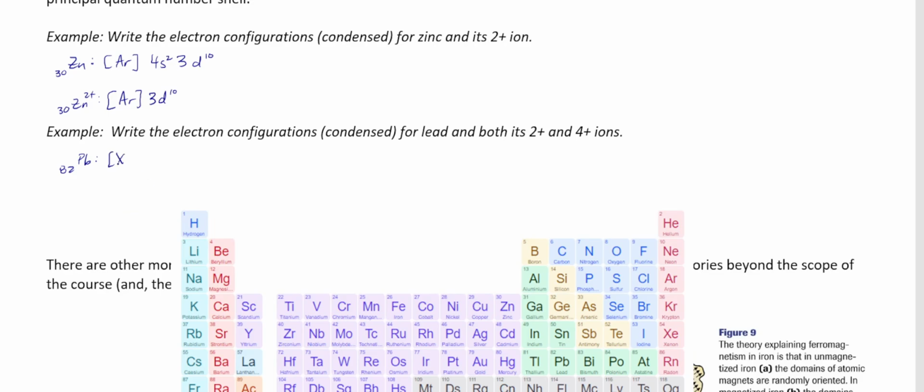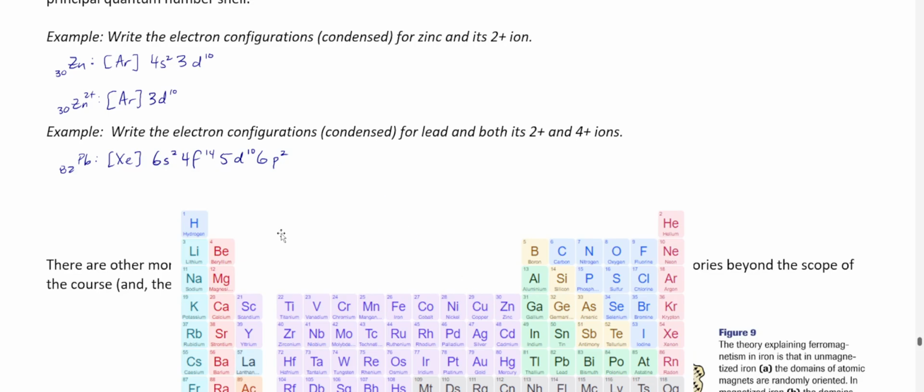I write xenon, and then I jump to 6s2. And then right here, I have to fill the lanthanides. So the lanthanides are 4f14, 5d10 fills up here, and then I get to lead right here, so that is 6p2.